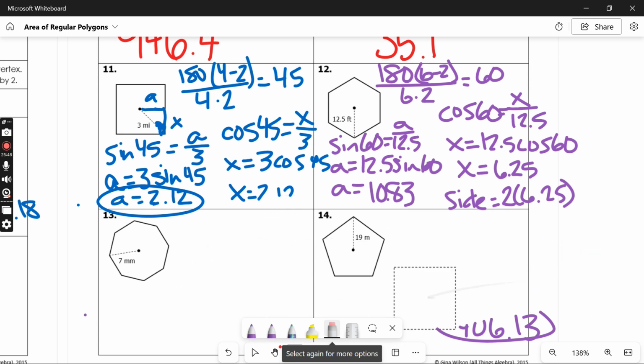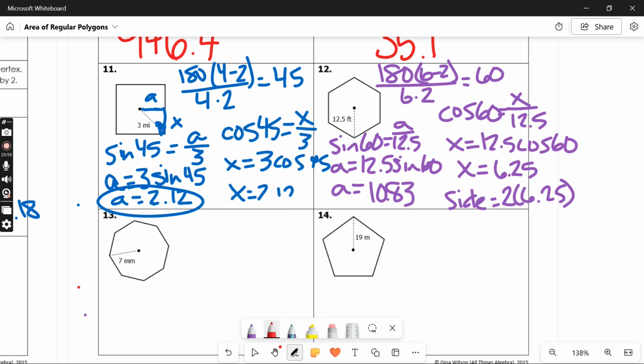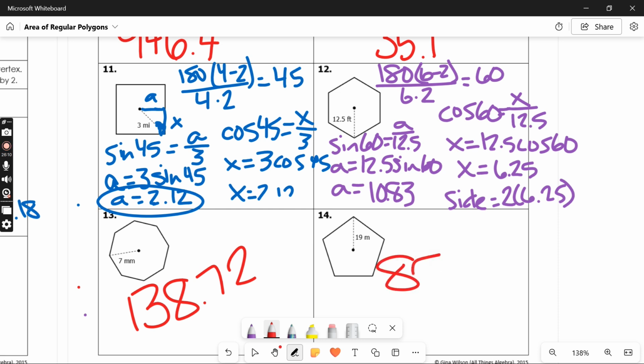I'm going to erase this so I can write these down for you. All right, number 13. When you work number 13, you should have gotten an area of 138.72. And when you work number 14, you should get an area of 858.41.